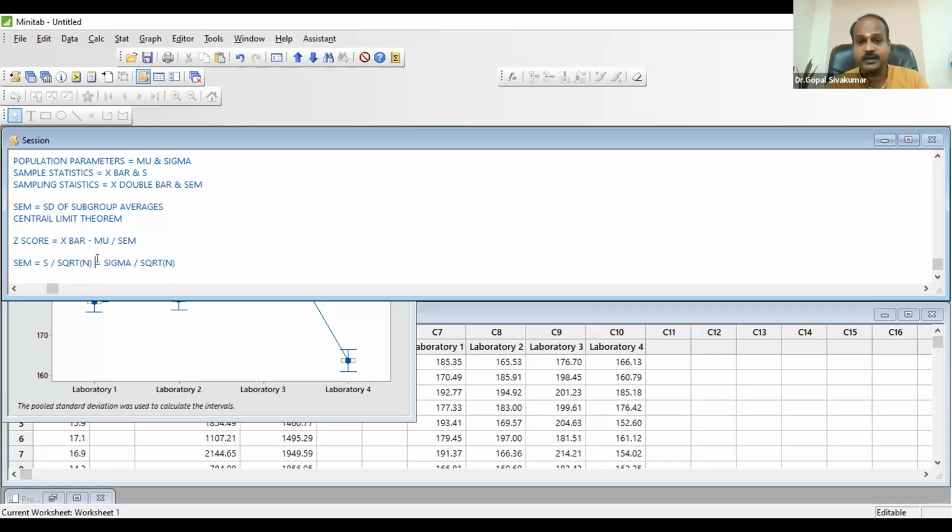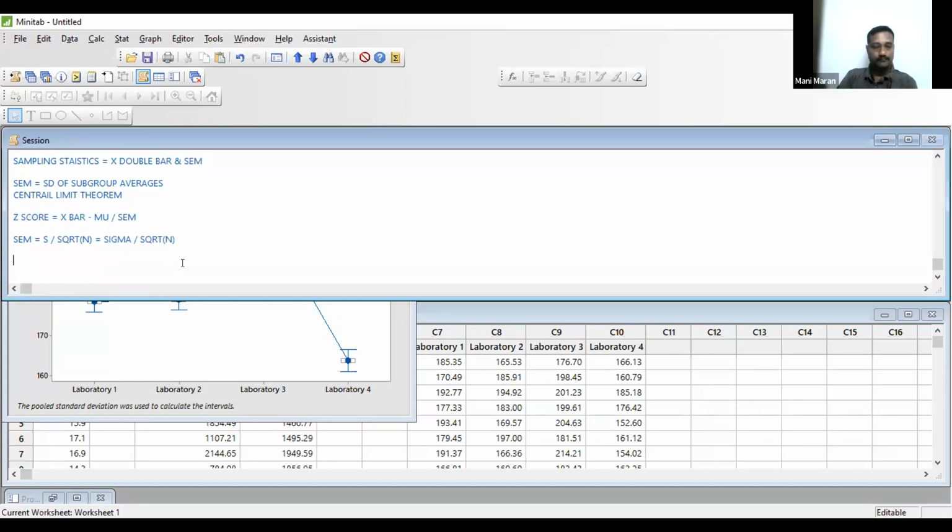But the third method, which is comparatively better than the second, is to use the population standard deviation divided by square root of n. But you can use the third method only when the population standard deviation is known to you. Am I correct?